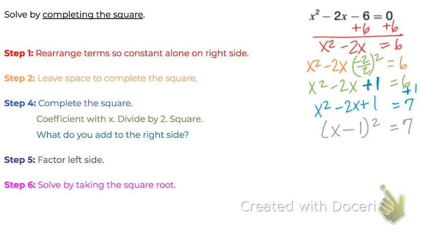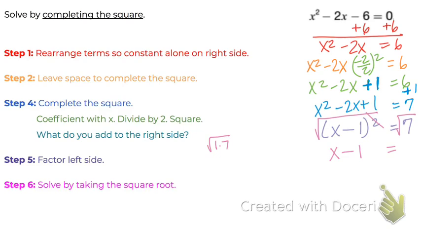But for step number 6, all we're doing then is to undo that square, we take the square root. But this time, the square root of 7, when I put that in my calculator, it gives me a decimal. So you always look at it to see if you can simplify. Maybe you could take the square root of part of it. But for 7, the only 2 numbers that multiply to give us 7 are 1 and 7.